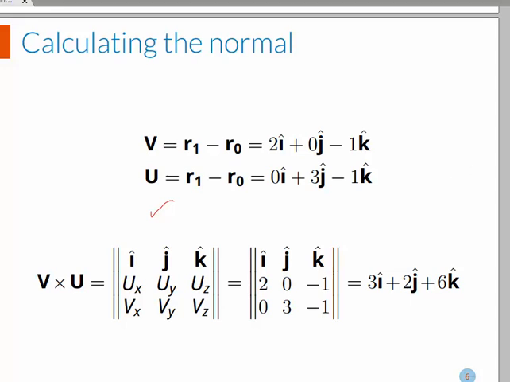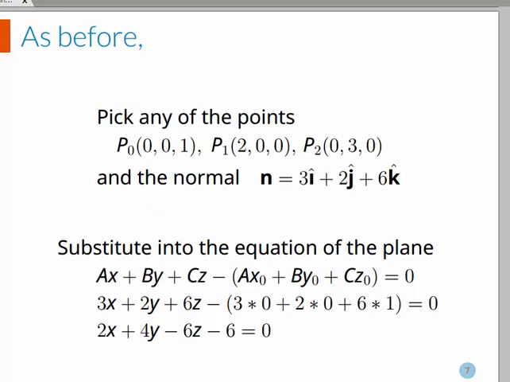All those zeros were very helpful. So now we have the normal to the plane, and now we just pick a point. So you have 3 choices of points to pick, and you have the normal, and it does not matter which point you pick. And you can go through that exercise. I did that in the written lecture notes that go with this video.